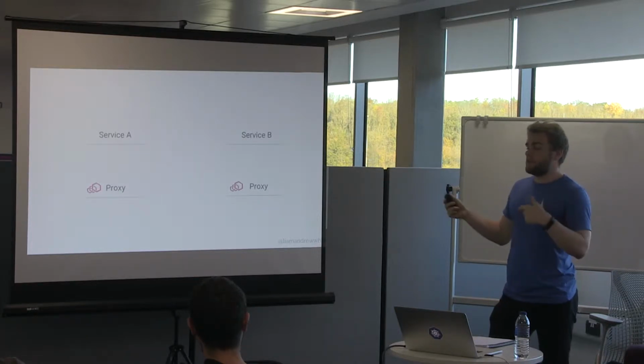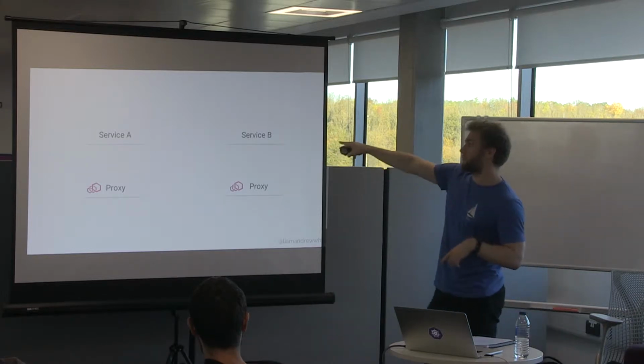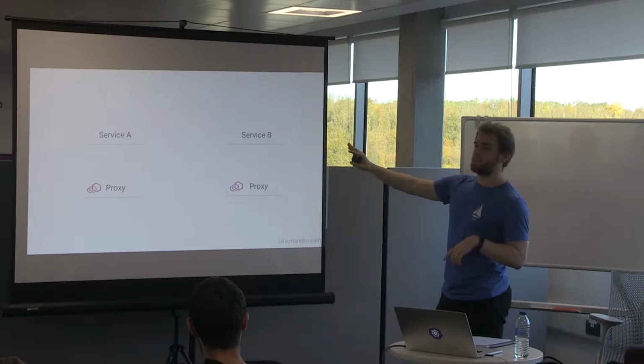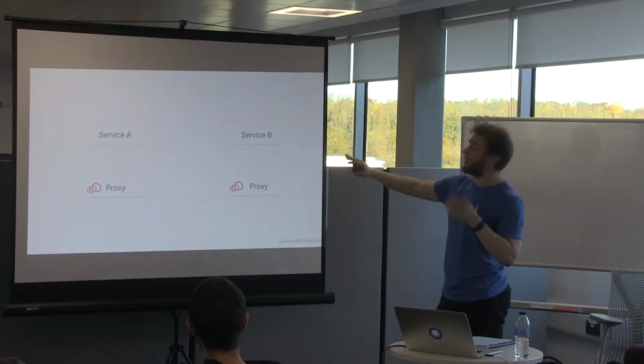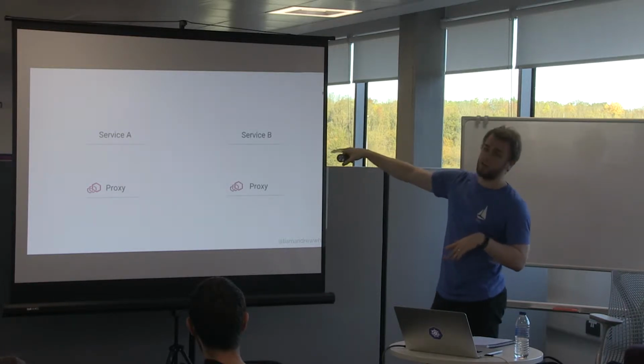And the other idea is that it's completely transparent to your service. So if service A is talking to service B, normally in Kubernetes, I'm going to speak a lot in terms of Kubernetes because that's what most people use with Istio, and that's where most of the dev work goes on, but we do support other things. In Kubernetes, if service A is talking to service B, as far as they're concerned, even in a service mesh, they're talking directly to each other, but they're not.